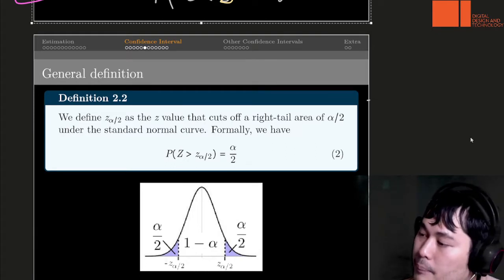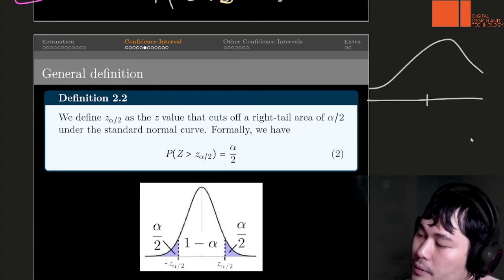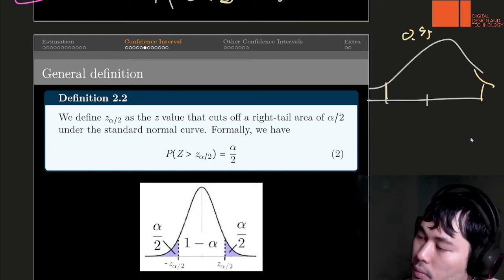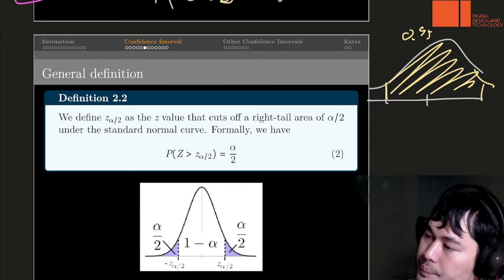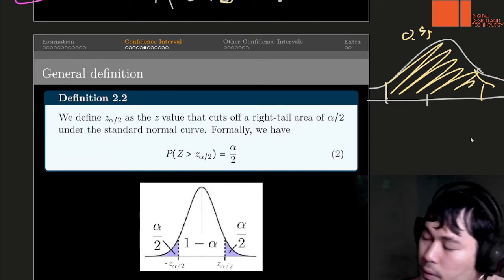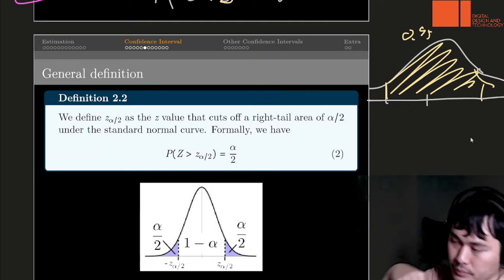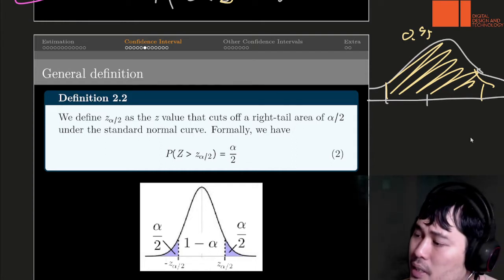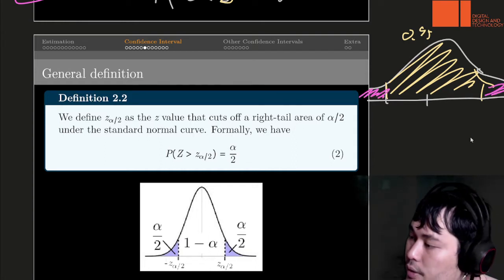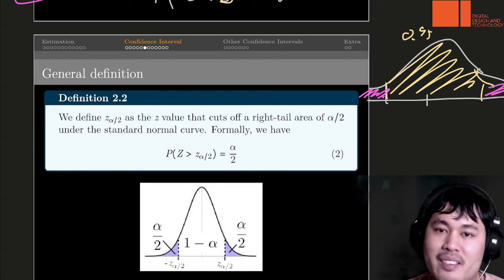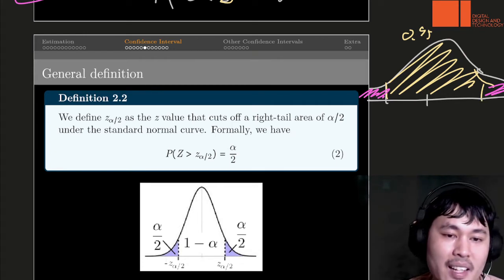So for instance, if we go back to 95, if we want this area to be 0.95, then that's the same as we want the tails. We're going to use that notation next class.